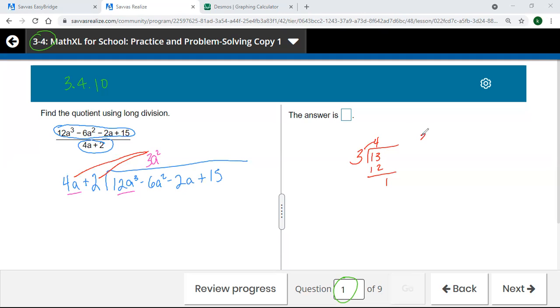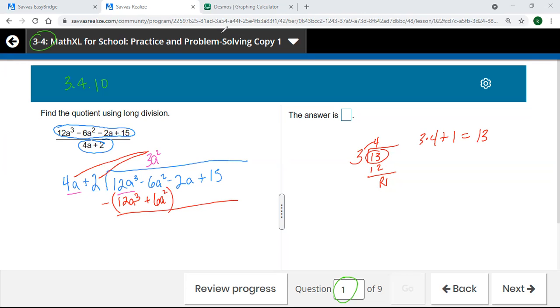You take 3 times 4 plus this remainder thing down here, and it equals what's under here. So far we've taken the 3a squared, and we have to multiply it by both of these divisors to see how much we've made, 3a times the 4a. If we've done everything right, the leading term should always match up. And then the 3a squared times the 2, 6a squared, and line that up.